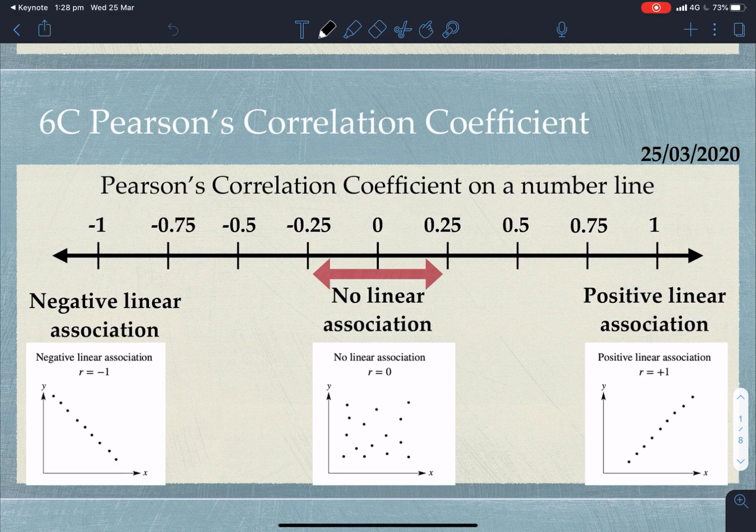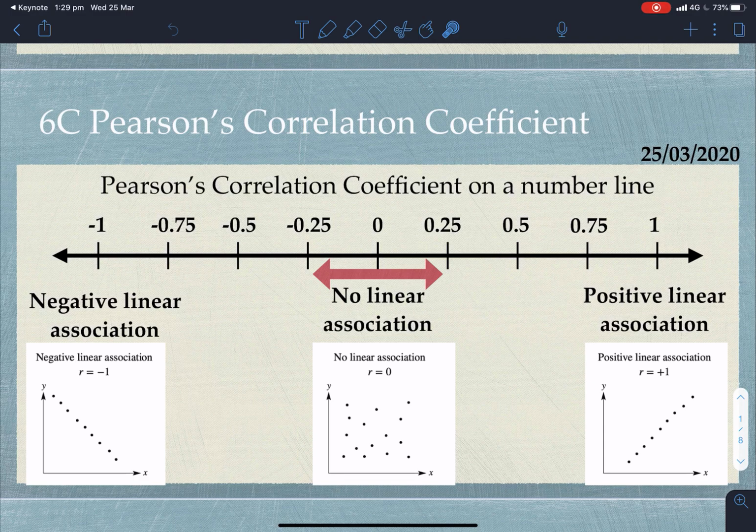So for non-association, they will be between negative 0.5 to 0.5. The reason being, if you look at the diagram in the middle, it doesn't look like it has any correlation at all. That will be put as a zero. But if it slightly looks linear and positive, so going up, that will be between 0 and 0.5.